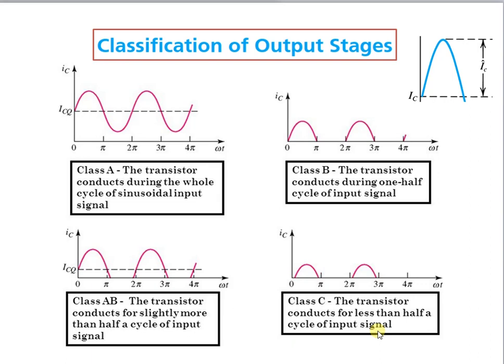Because the output current flows for less than half of the input signal, the full cycle of the input is obtained at the output by the use of the tuned circuit at the collector.